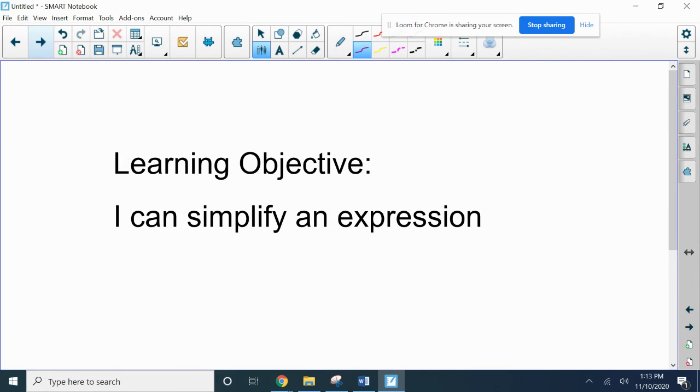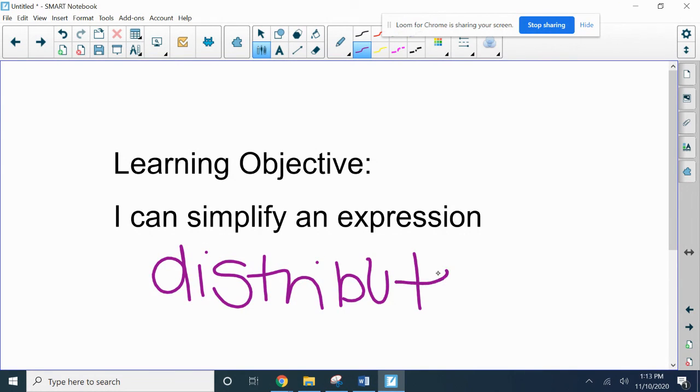Awesome. So in order to simplify an expression, we first distribute. And then we combine like terms. And in order to combine like terms, we can only combine the ones that are the same. So we can combine matching variables, but we cannot combine variable terms and constants.